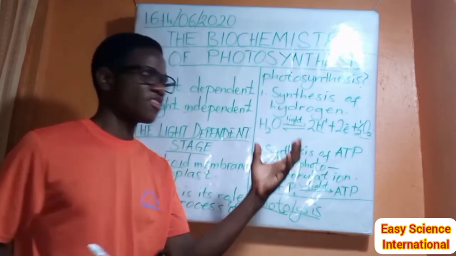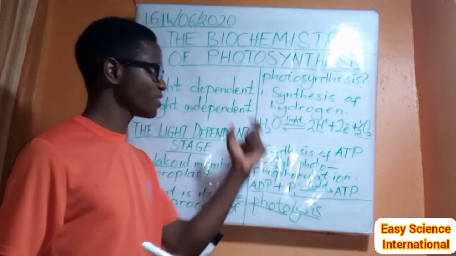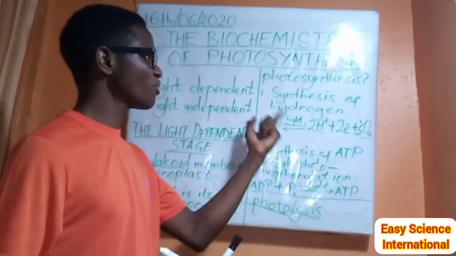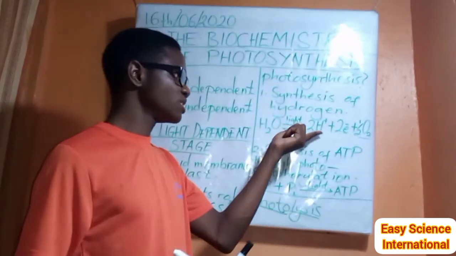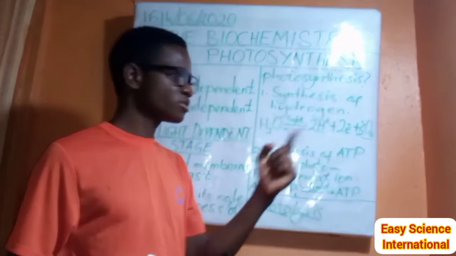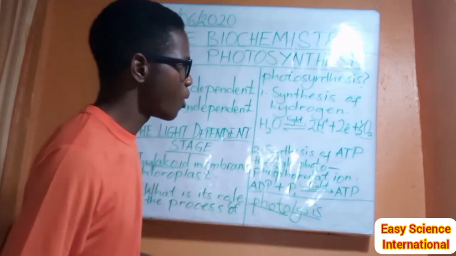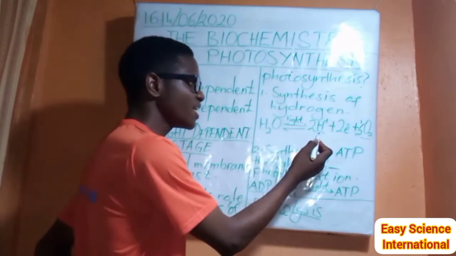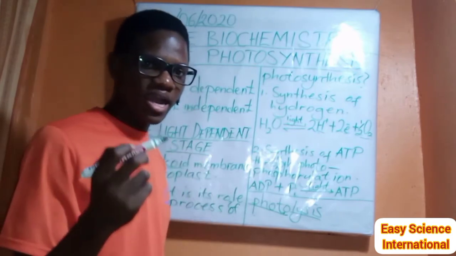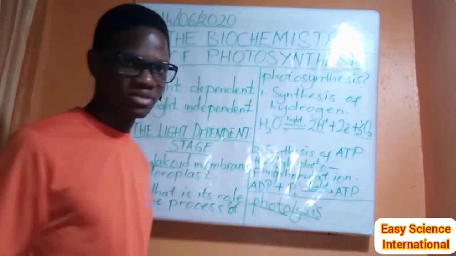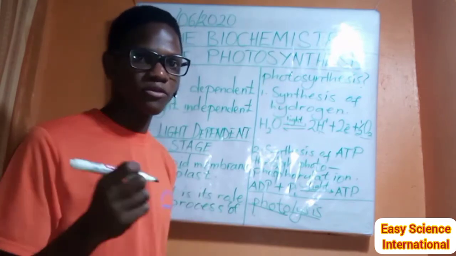Photolysis requires light to take place. We split a molecule of water to yield 2 protons and 2 electrons. Now, the 2 hydrogen ions formed are accepted by a molecule known as NAD.